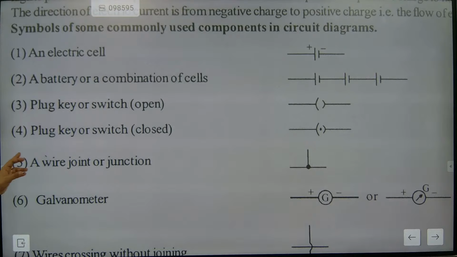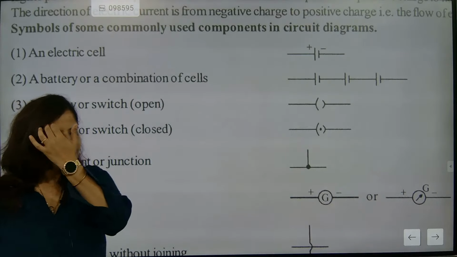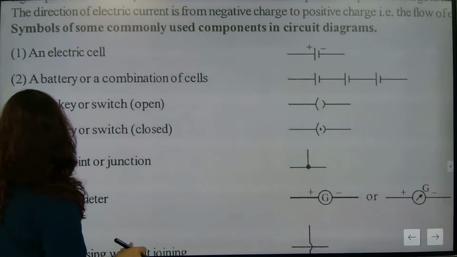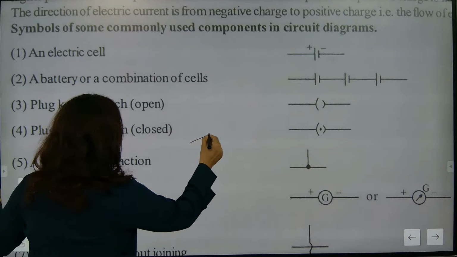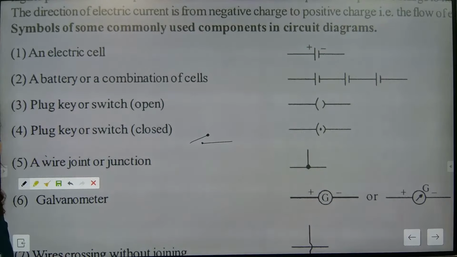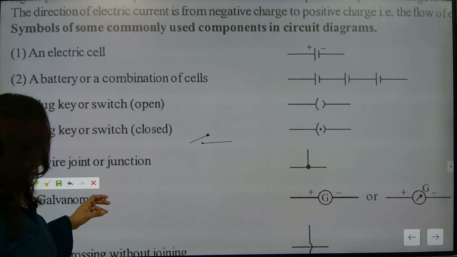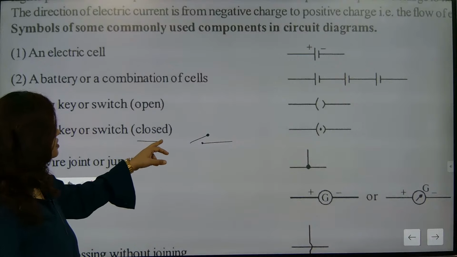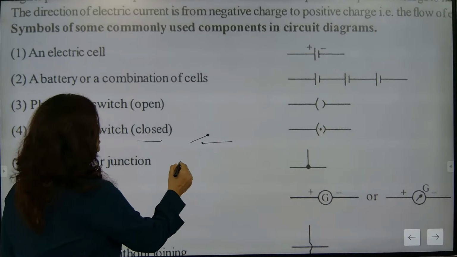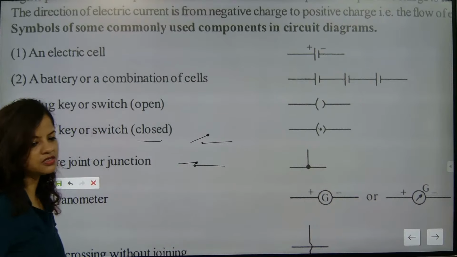Now plug, key or switch. This you need to understand. Sometimes they draw like this, sometimes like this. Don't get confused, children. Sometimes they draw like this, and like this. That is also a plug only. Understood? If it is closed, one dot will be there, and they will fall on one another. This is closed.